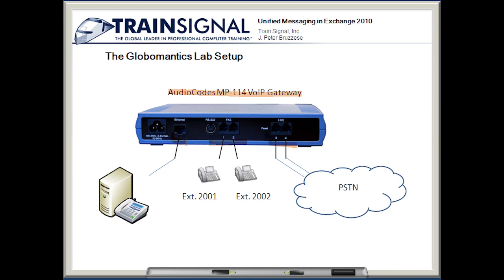And of course, you also see you have an Ethernet connection here, and that connection is actually going to go to a router of some sort so that you can have connectivity to the unified messaging server. So in the Globomantics lab, we're going to have 2 extensions, extension 2001 and extension 2002. And we're going to give these extensions to 2 different users, test user 1 and test user 2.